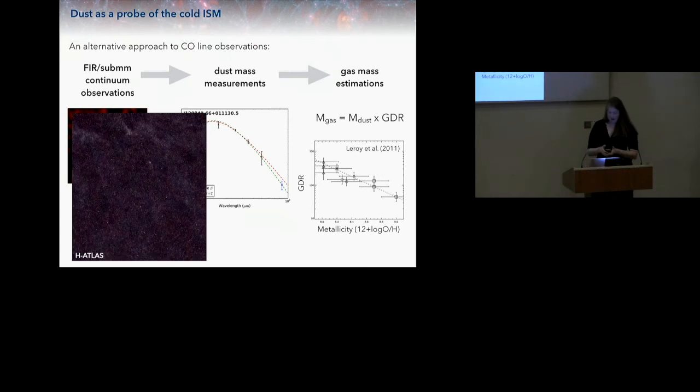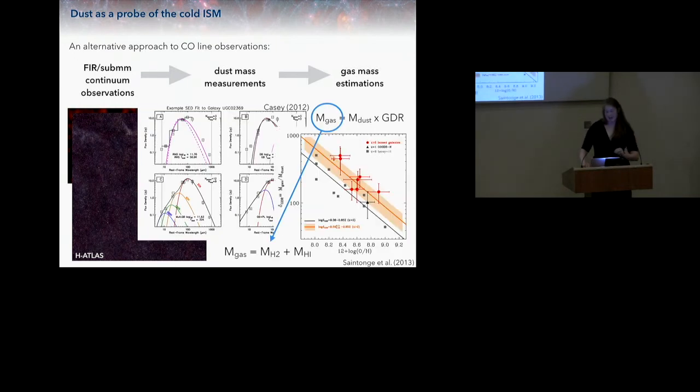The clear advantage of this is that getting these measurements, these fluxes in the infrared, is relatively easy and cheap, right? You can get thousands of them in the amount of time it would take you to do one observation in molecular gas. The problem is in the later stages of this process.